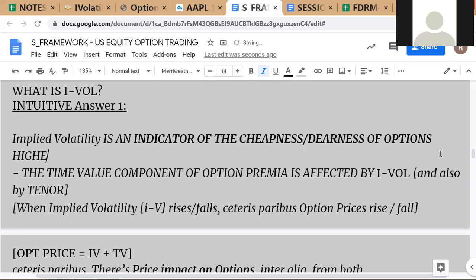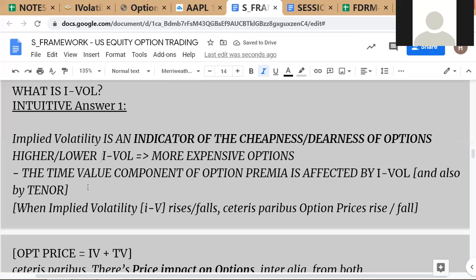Higher I-Vol implies more expensive options, and lower I-Vol implies cheaper options. This is important.